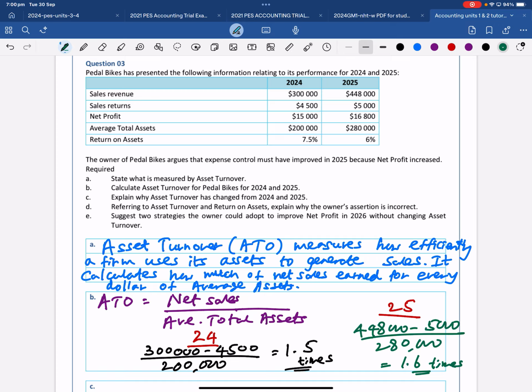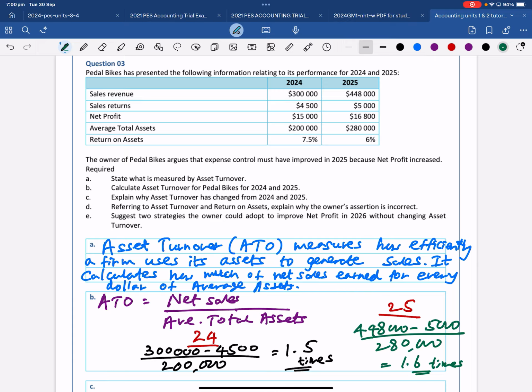Increase in net sales. Increase in sales revenue. Also, I can see the total assets also increase. That decreases it by a little bit, the average total assets increase. That decreases the asset turnover.